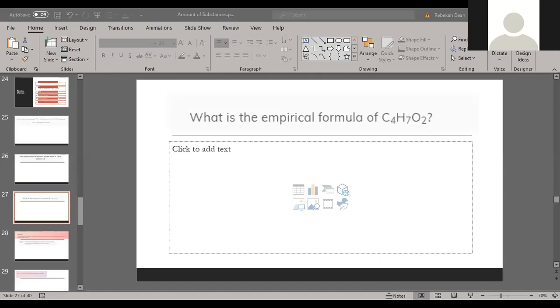Zoom's disappeared actually. Meeting controls. What's happened? I'm not quite sure how long that's been paused for.